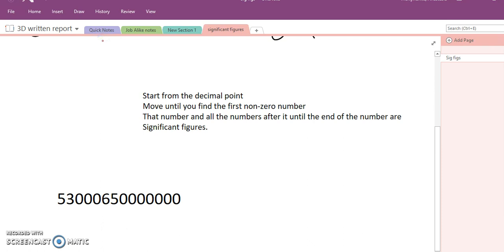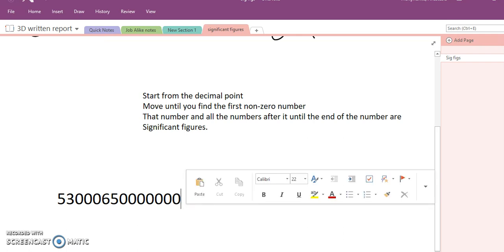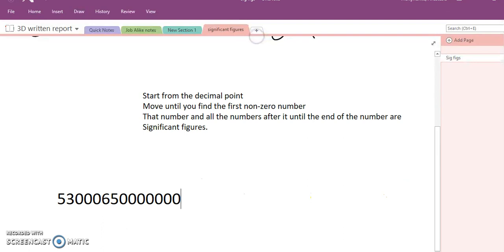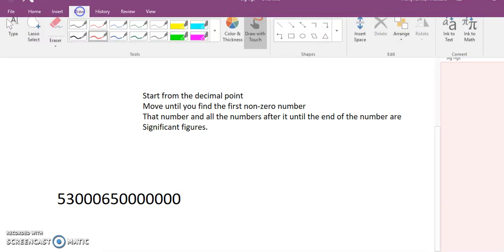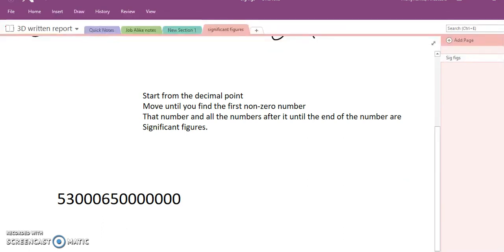I start from my decimal point. My decimal point is right here, right by the last zero. Now my first non-zero number is right here. This is number 5.